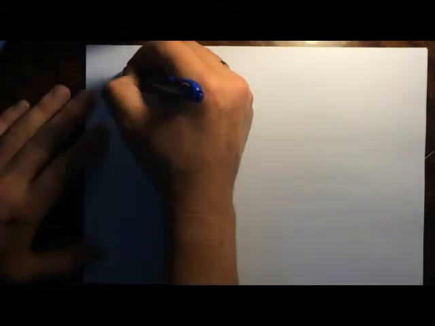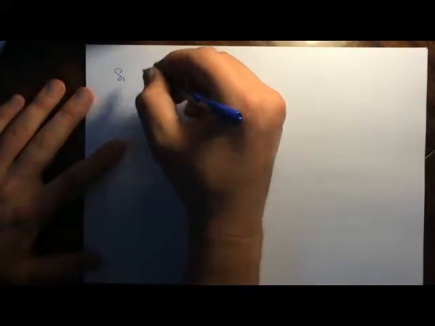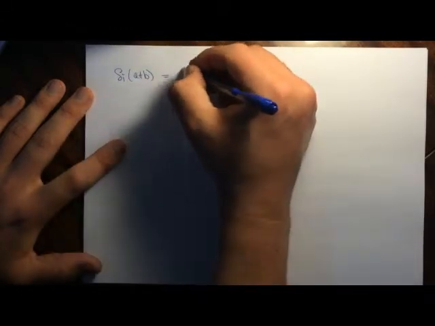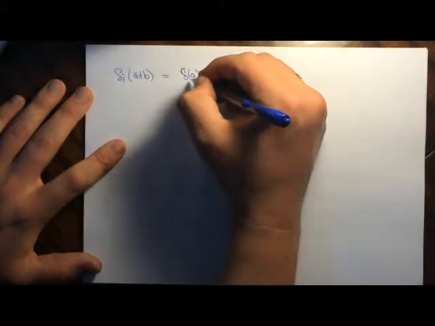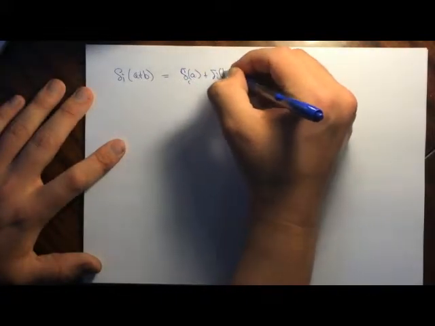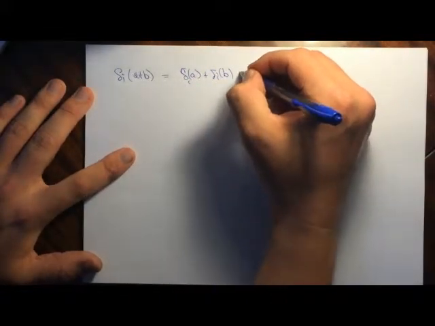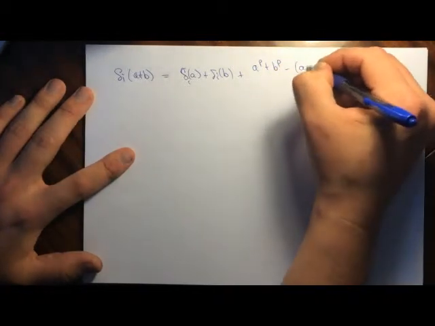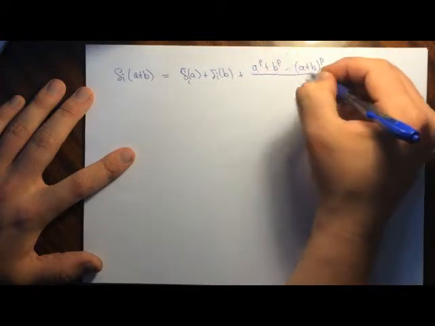So delta 1 of a plus b, let's recall what the rules are for these: it equals delta 1 of a plus delta 1 of b plus (a^p plus b^p minus (a plus b)^p) divided by p.